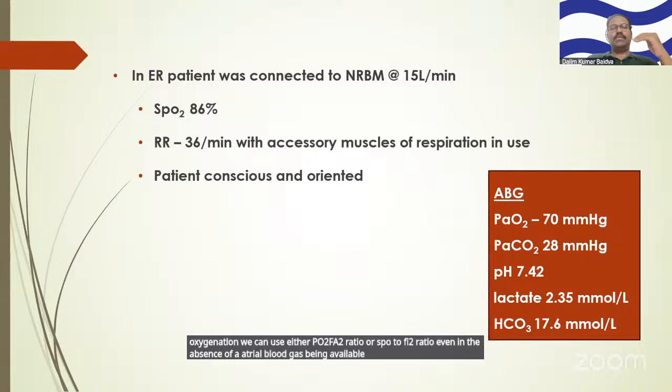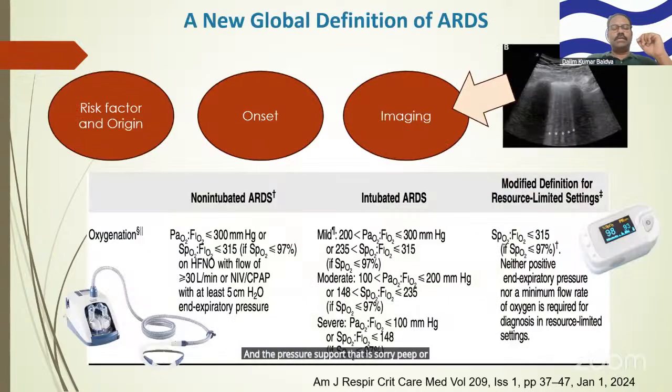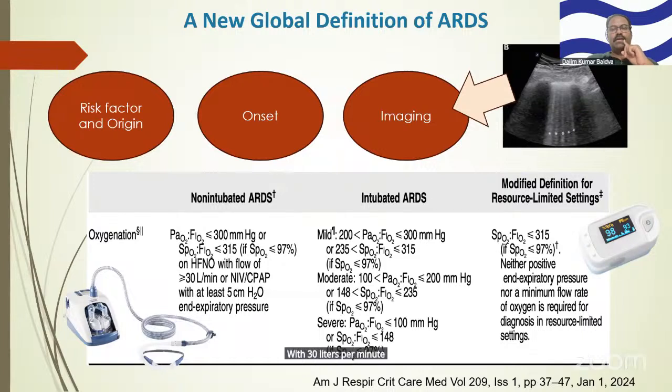And the pressure support, that is, sorry, the PEEP or CPAP that was initially talked about, we can do that in the absence of an NIV or intubated patient just by using an HFNO with 30 liters per minute of flow. Right. So this has actually expanded the definition largely.